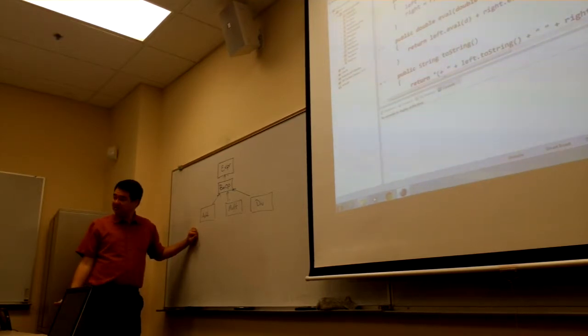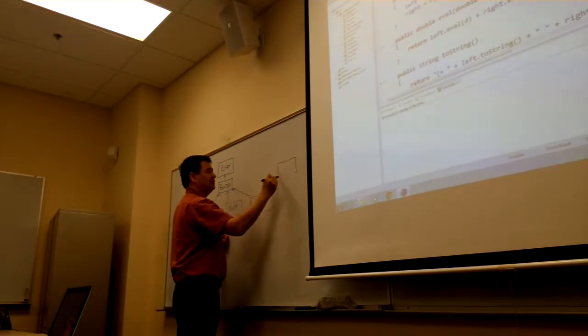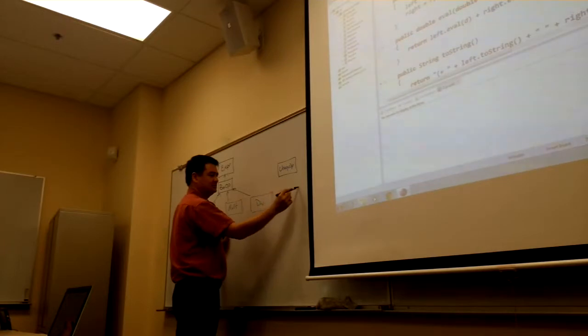Now, is get different for a unary operator? Yes. Is it different for a trinary operator? Yeah. Same for count? Same for replace? So I can have another layer here called unary op, and what would be below that one?